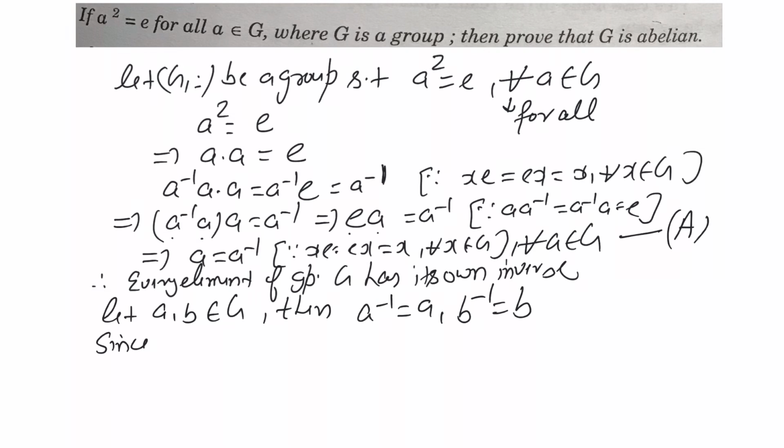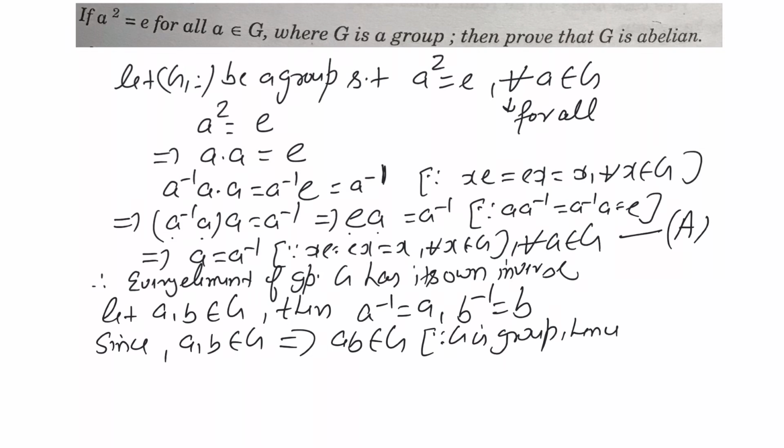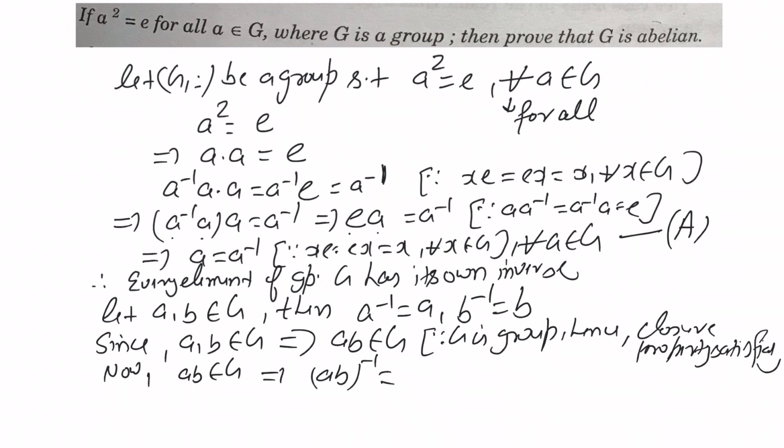Since a, b belong to G, this implies that their product will also belong to G, by the closure property, since G is a group and hence the closure property is satisfied. Now ab belongs to G. This implies that the inverse of ab is ab as such.